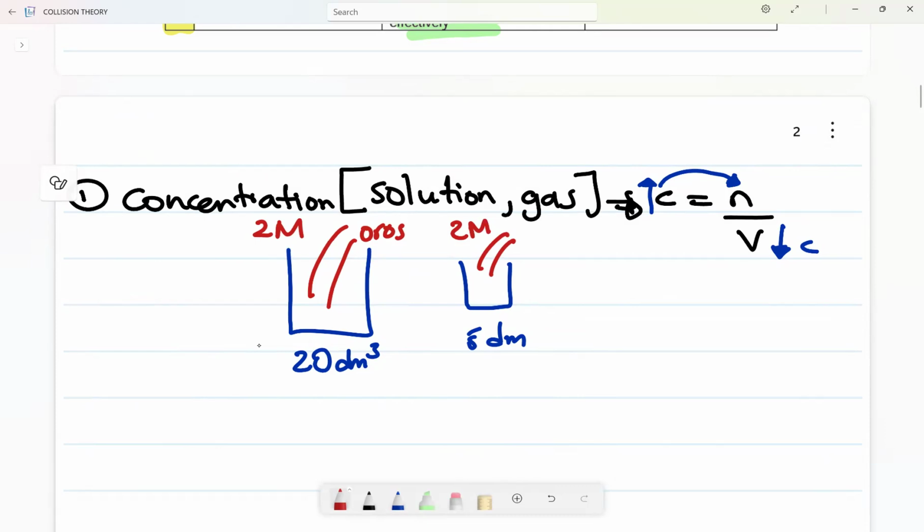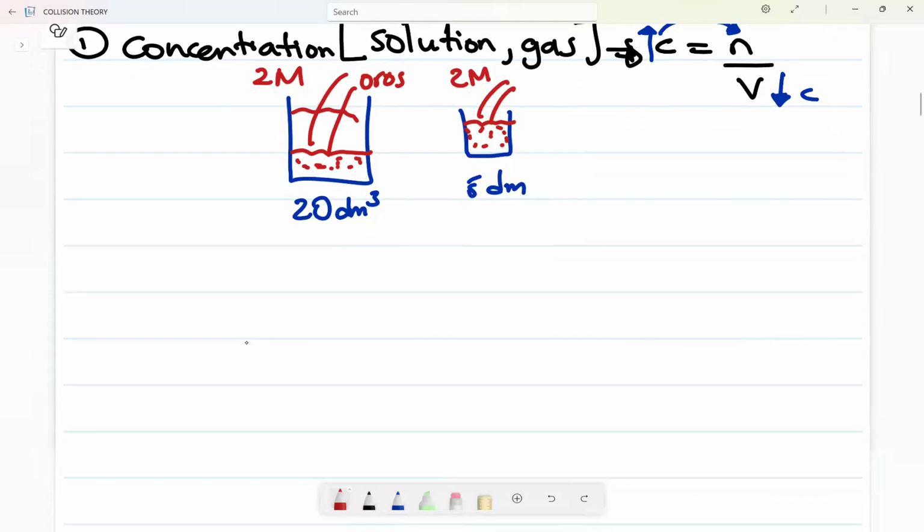Now, can you see here? For this container, it will maybe be here, but for this container, it will maybe be here. Can you see the number of particles in here? They are much more than the number of particles in here, because there is a space that is left there. So this is more practical that we can take note of.